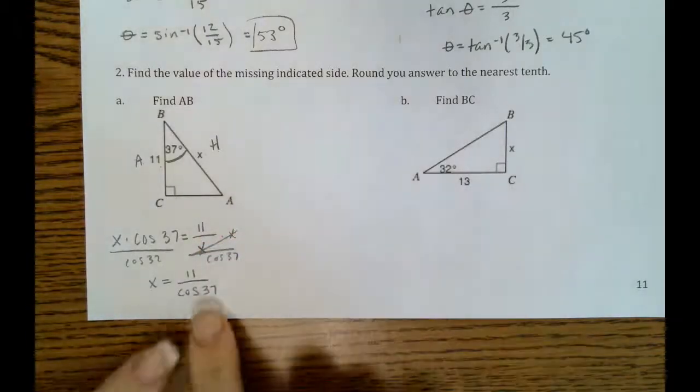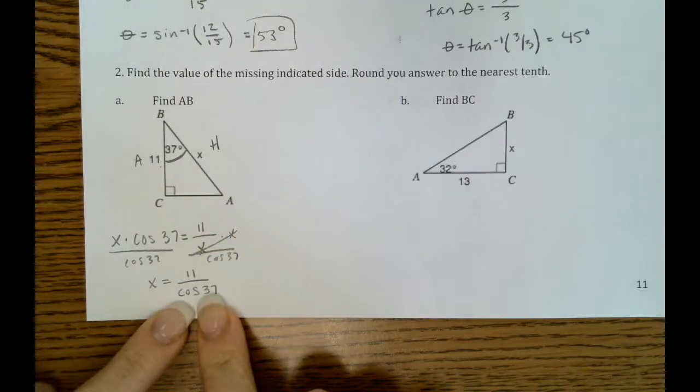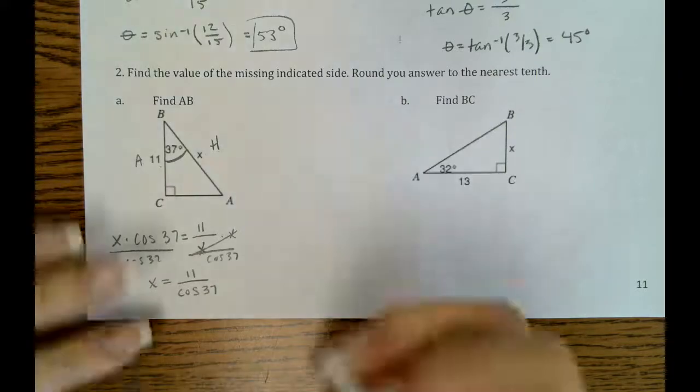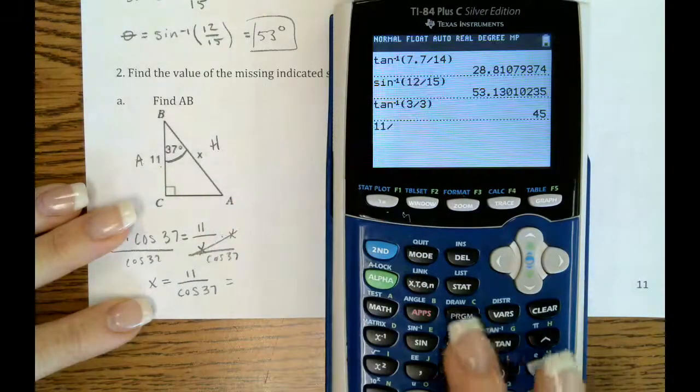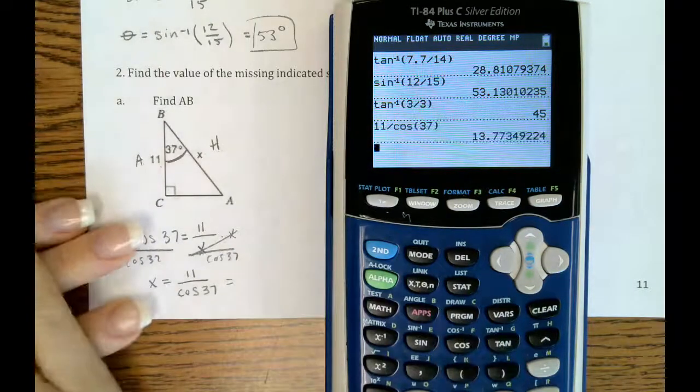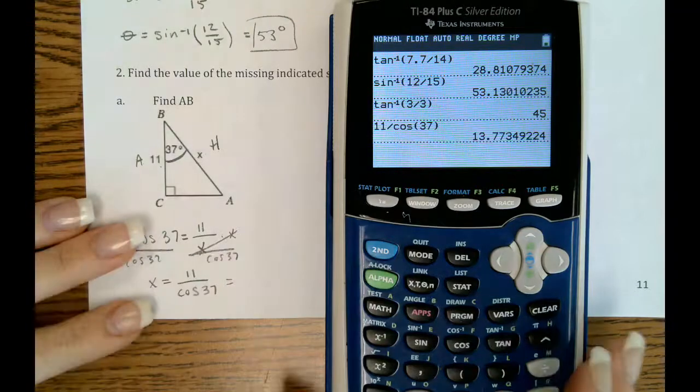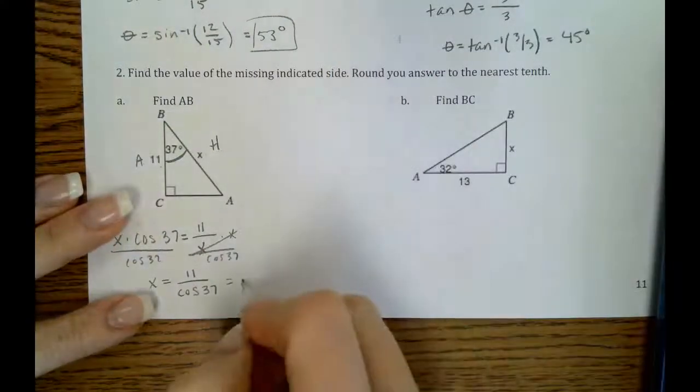It's the same exact thing, except you don't have to worry about writing all of that down. You can just switch the two. Okay, so if you put this in a calculator, 11 divided by cosine of 37 is 13.8.